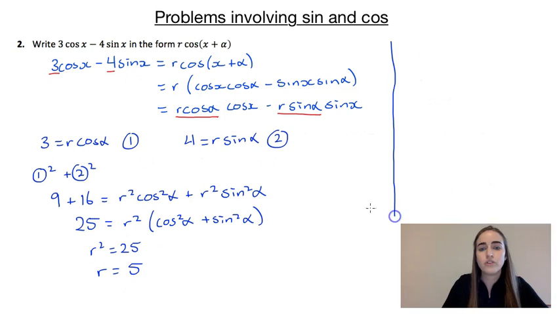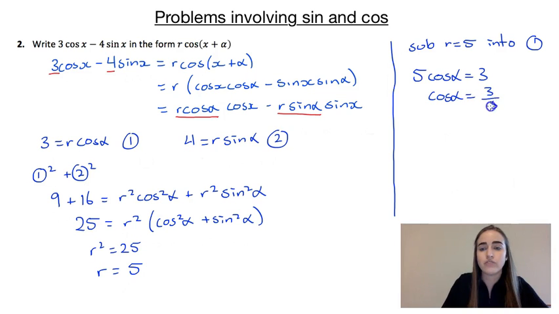So if we know that r is 5, we're going to sub r equals 5 into either equation 1 or 2. Again, it doesn't matter. So we're going to have 5 cos alpha equals 3, which means that cos alpha equals 3 over 5.